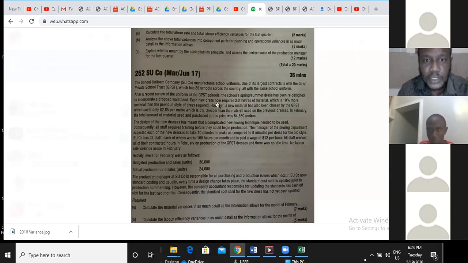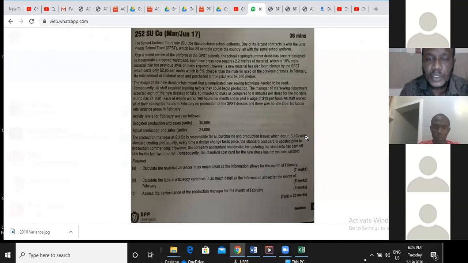Each of the new dresses now requires 2.2 meters of material, which is 10% more material than the previous style. However, a new material has also been chosen by GPST, which costs only $2.85 per meter, which is 5% cheaper than the material used on the previous dresses.